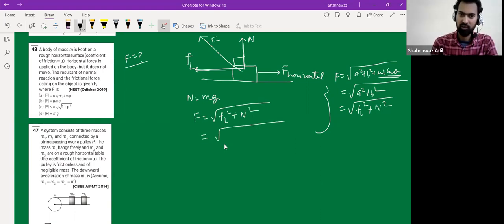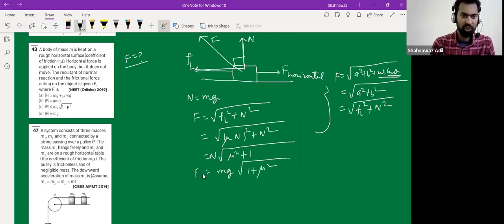Your FL is mu N, so mu N whole square plus N square. N square is outside, and this is mu square plus 1. And N is mg, so N times the square root of 1 plus mu square.